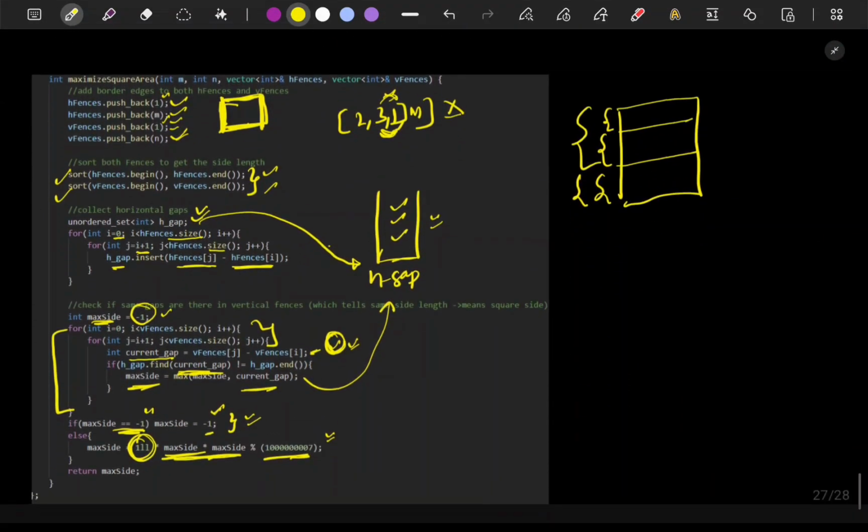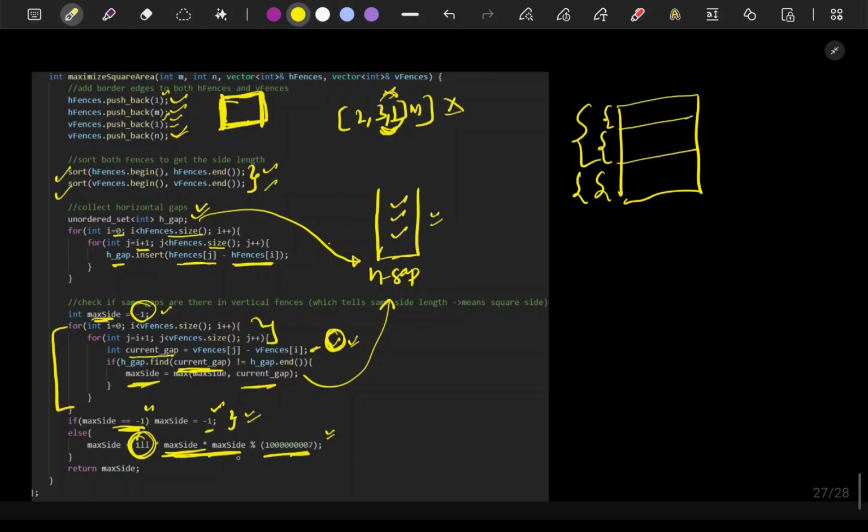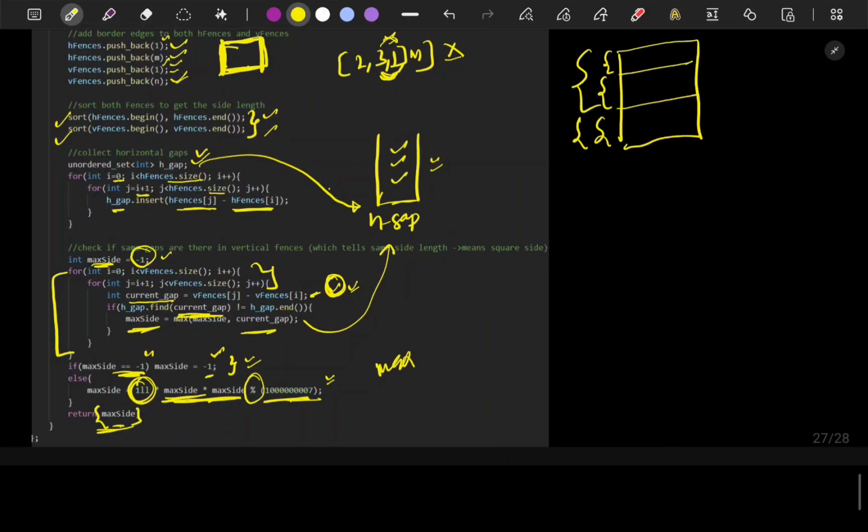So we will take long as the answer, do the modulo which they have asked, and return it. This is not the maximum side, it is just a variable naming mistake from my side. We can store it in some result. I just stored it in max side only, so return max side.